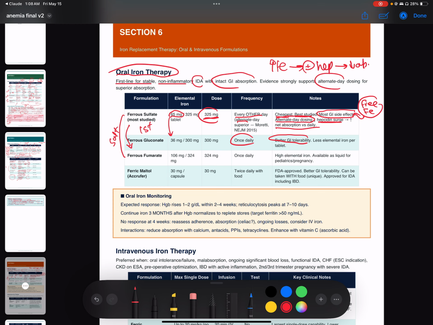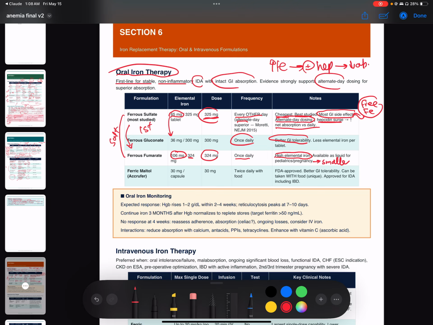Ferrous fumarate has really high iron content, which is 106 in the 324 milligram dose. So you give it once daily. It has high elemental iron. It's available as a liquid for pediatrics and pregnancy, mainly because it has a smaller size.